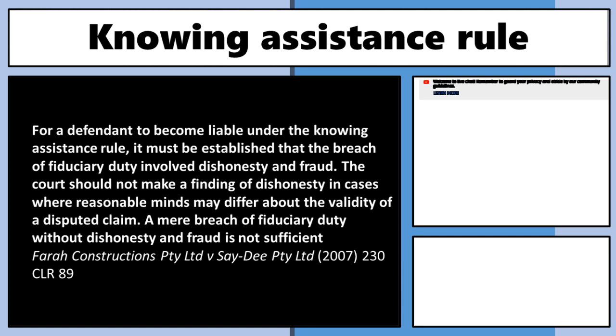Okay, so I'll start those 5 again. This is Farah and Sadie Constructions. That's where this list is coming from. It's actual knowledge, or willfully shutting one's eyes to the obvious, or willfully and recklessly failing to make inquiries that an honest and reasonable person would make, or having knowledge of circumstances that would indicate the facts to an honest and reasonable person, and 5, having knowledge of circumstances that would put an honest and reasonable person on inquiry.